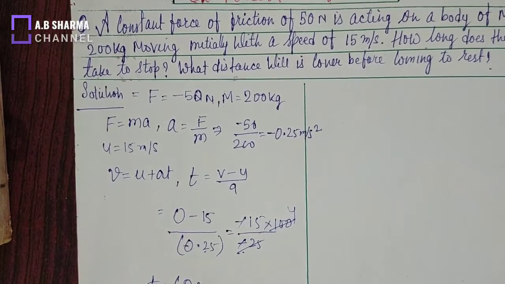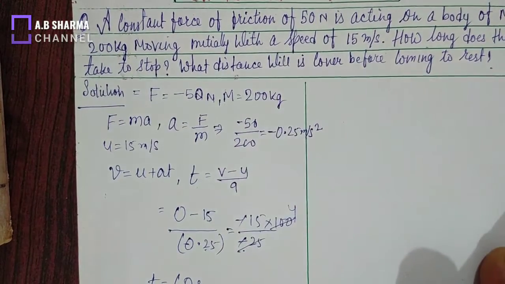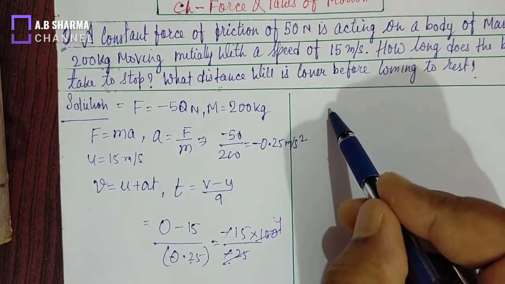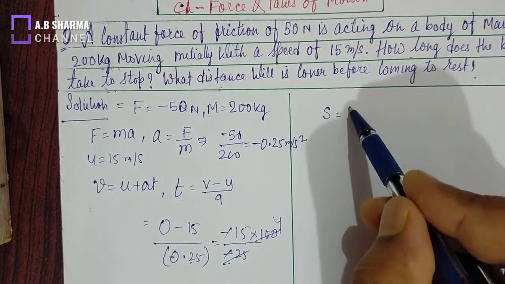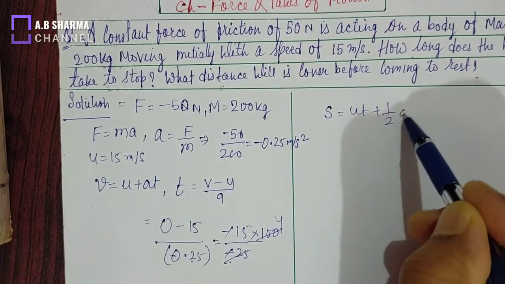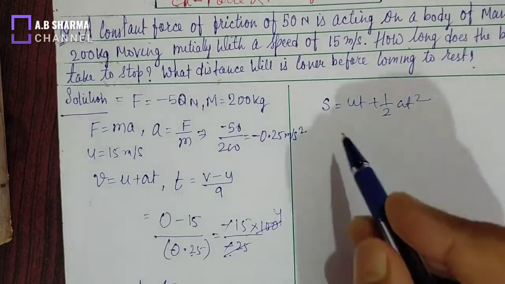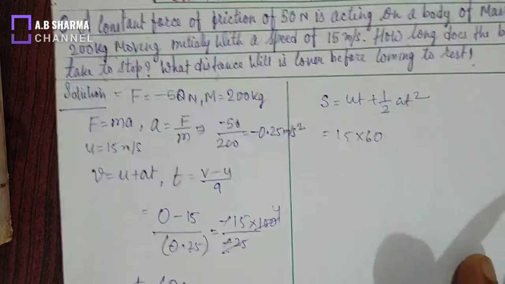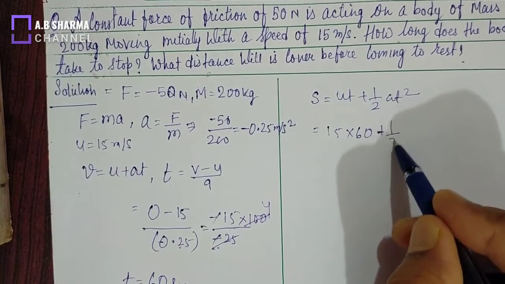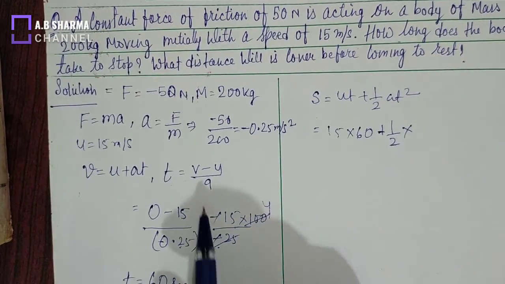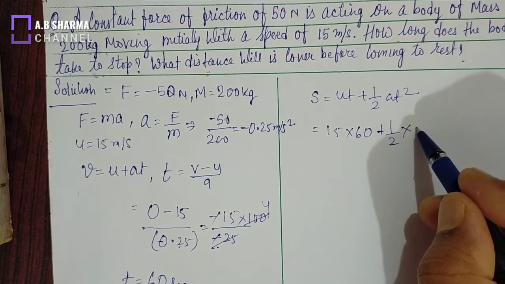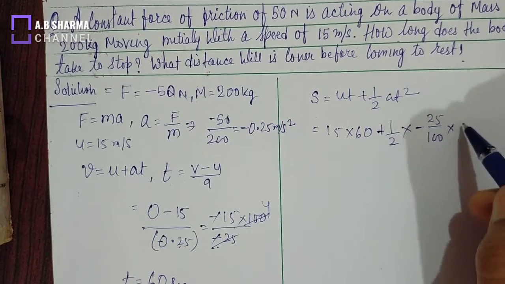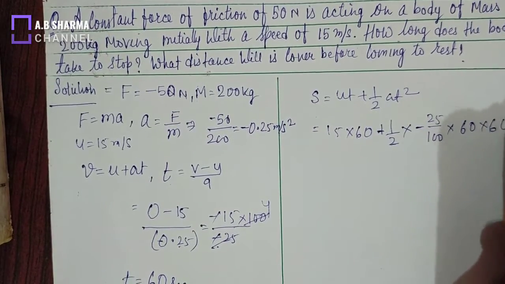Now next part of the question is what distance will it cover before coming to rest? So we have to calculate distance using the formula s equals ut plus 1 by 2 at square. u equals 15, time is 60 seconds, 1 by 2, a is what? We have calculated a, minus 25 by 100, write in fraction form, and t we have calculated 60 seconds, that is 60 into 60.